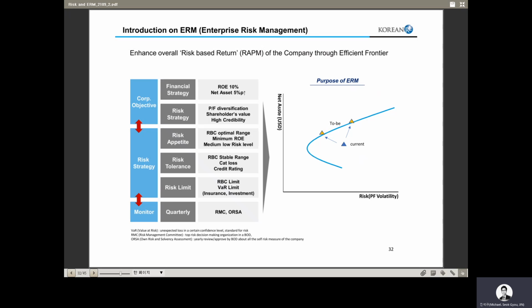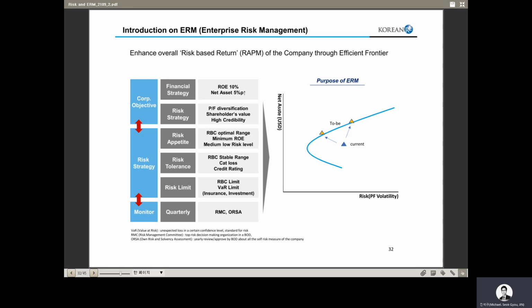First, we are going to introduce the ERM process. ERM is to enhance overall risk-based return, which we call RAPM, of the company by using the efficient frontier. Efficient frontier means less risk with higher return is better.